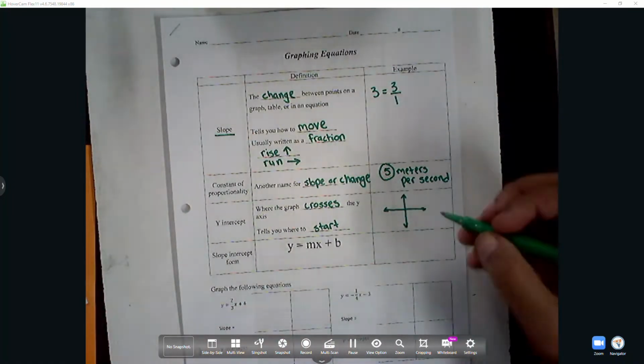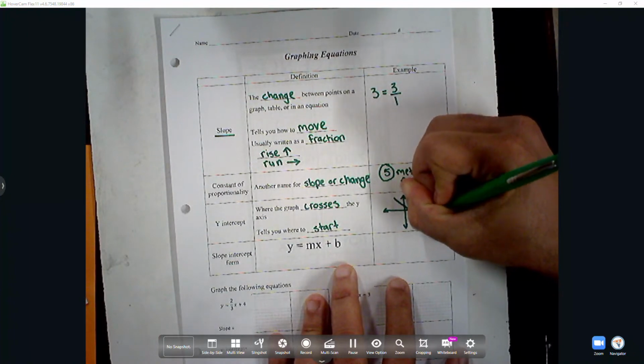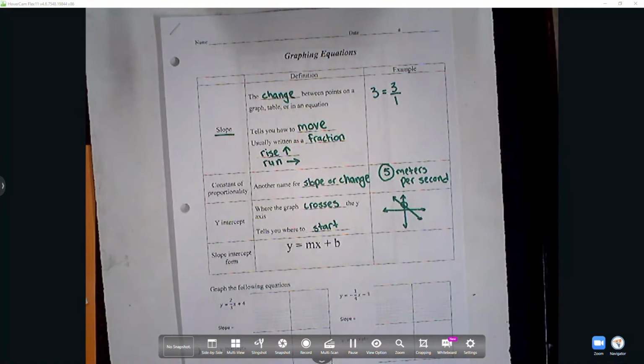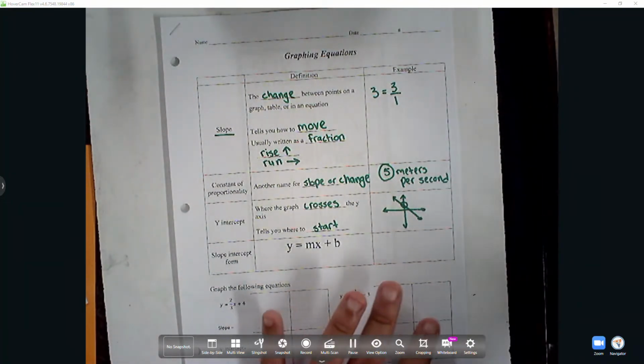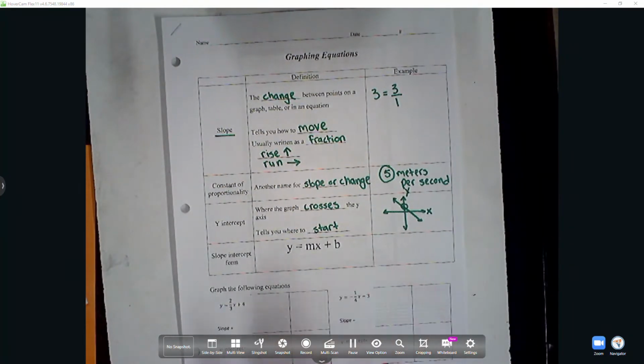So this is our coordinates, and then we draw a line. Our y-intercept is here, where it crosses the y-axis. So where it's touching the y-axis, we want to make sure we label them y and x. Remember, the y-axis is the one that goes up and down. The x goes side to side.